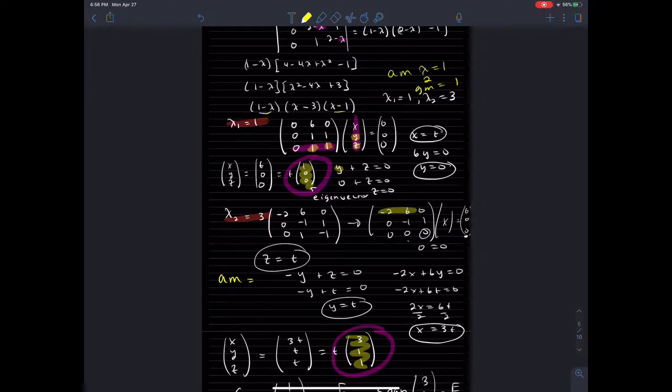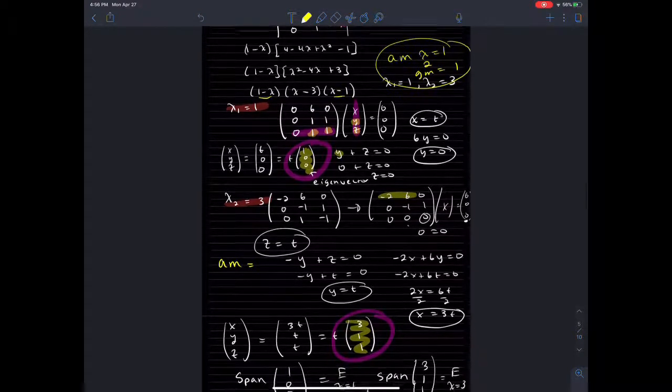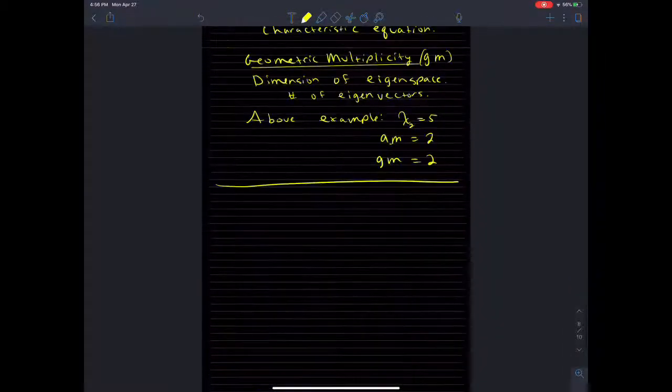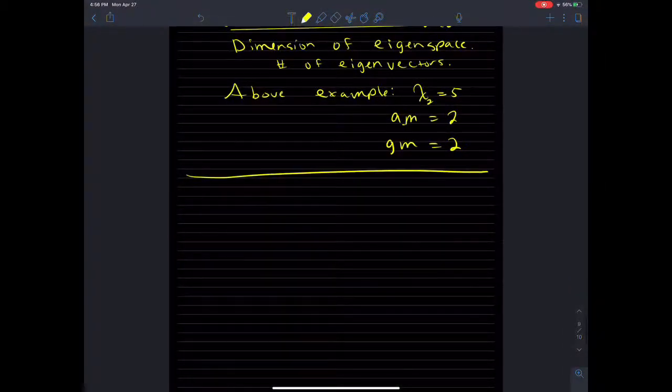So they don't have to be equal all the time. Sometimes they are, but sometimes they're not. But the rule of thumb is that, in general, the GM is less than or equal to the AM. Okay, that's it.